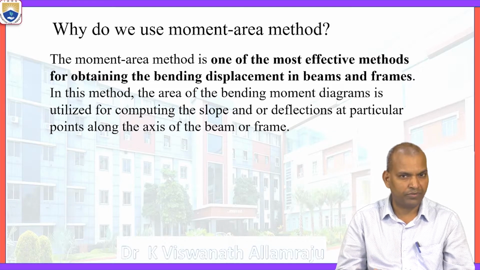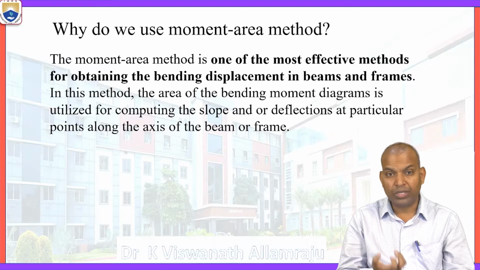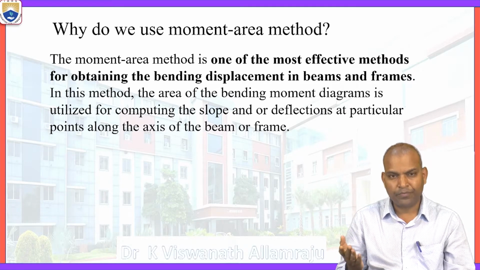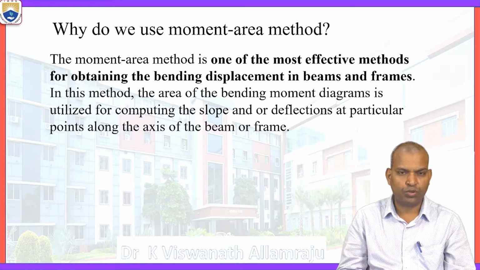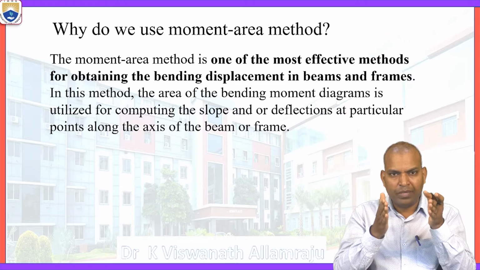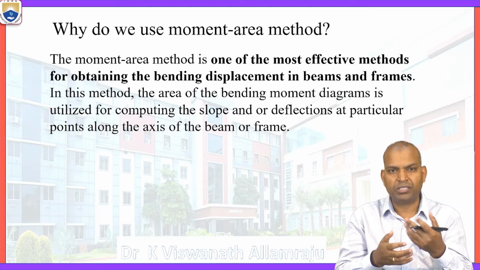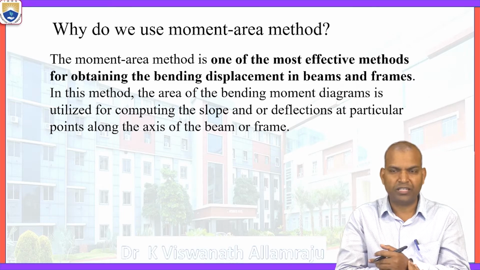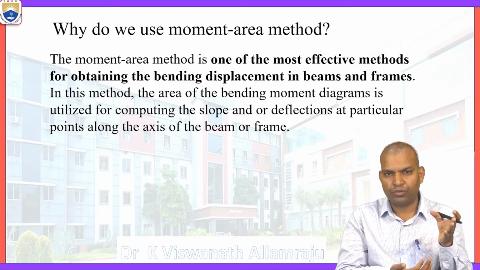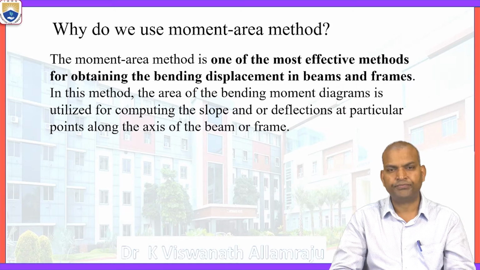Then what are the types of deflections? If only a UDL is acting through the span of the beam, what are the deflection and slope at the different supports? And if the UDL is acting on a portion of the span, what type of bending displacement takes place, either at the supports, in the middle portion, or where the UDL is acting?